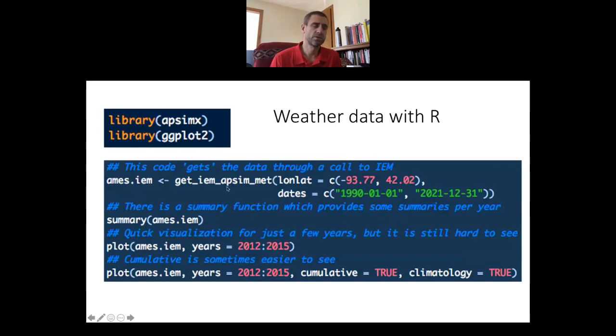Once this runs, which takes a few seconds, it has obtained data from the Iowa Environmental Mesonet for this station and this time period. There are a couple of functions that are specific for this type of object, which is going to be of class met. One is a summary function, which I'm going to show briefly, and then there are specific plotting functions for looking at the data.